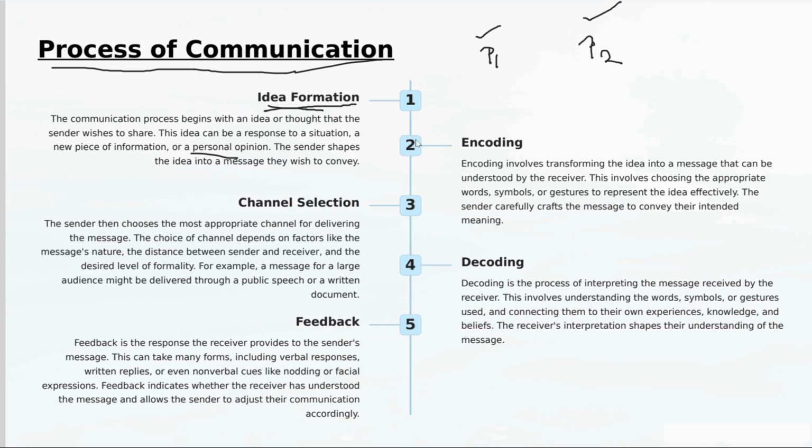But they have the idea, they have a political opinion on certain matters, okay? And they wish to communicate, to convey their messages and opinions to the government and to each other also, right? Then second, we have encoding, right?